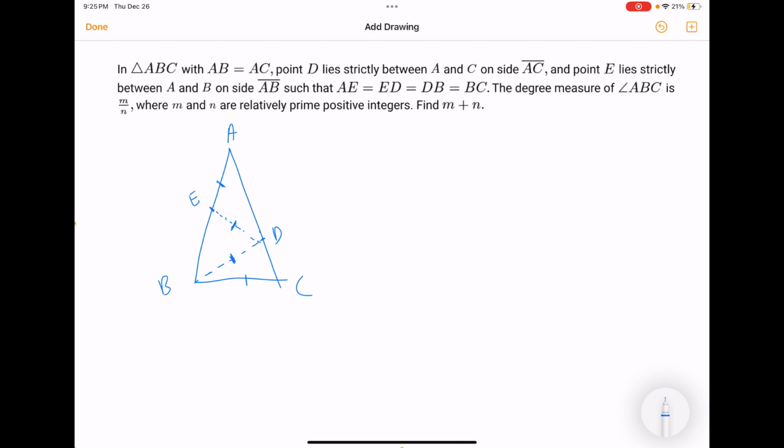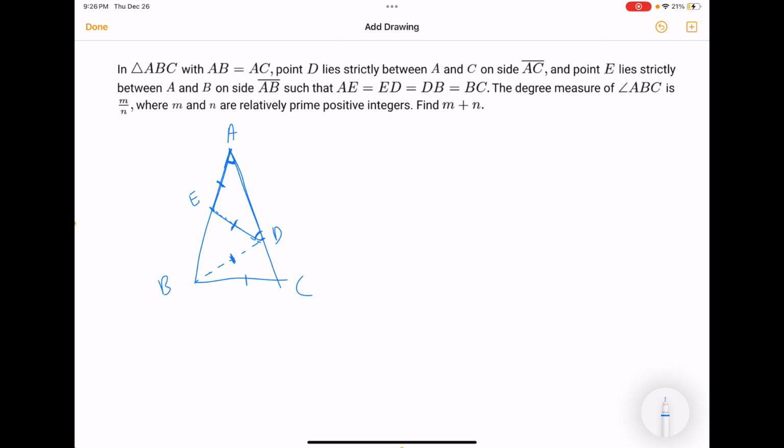So, utilizing what we already know, with all of these equal lines, there are many of the exact same angles. So, we can just look in this first triangle right here, AED. We know that AE is equal to ED, which means angle A is going to be equal to angle ADE.